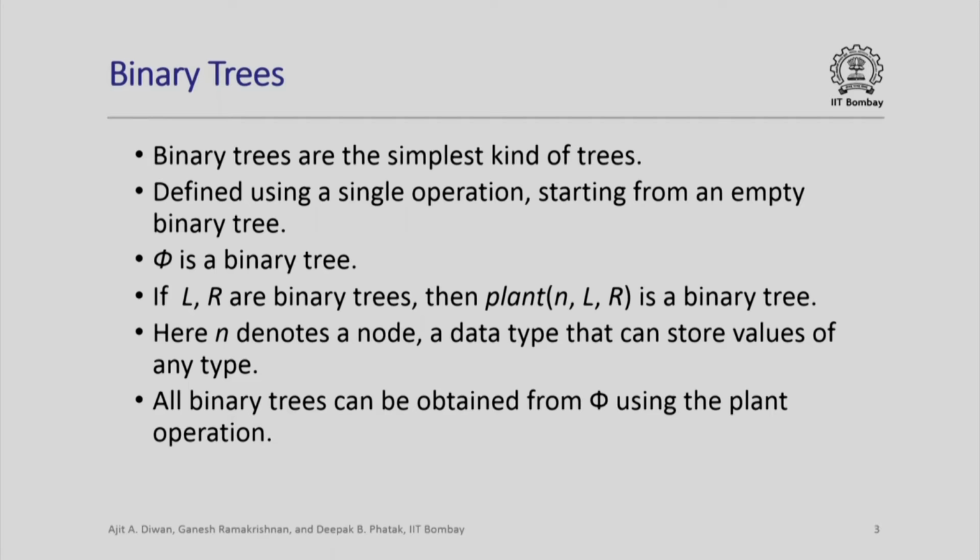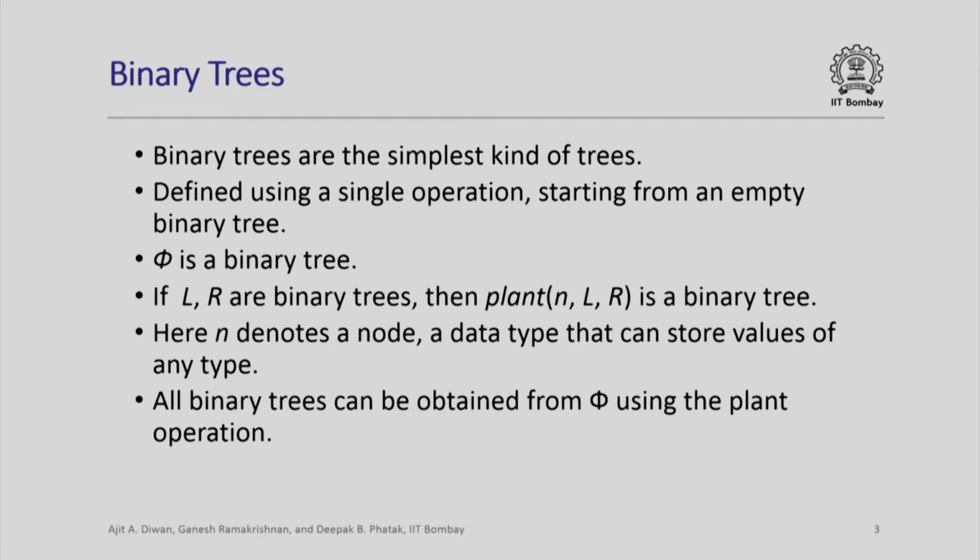Here N denotes a node, or essentially a data type that can store values of any type. So, N, a node, is considered a generic type, it can store values of any other type, and for defining a tree we just think of node as being a type, and we build a new tree from two existing trees L and R by planting them at node N. In a sequence, the push operation used an element of type T and an existing sequence of type T to add one more element to that.